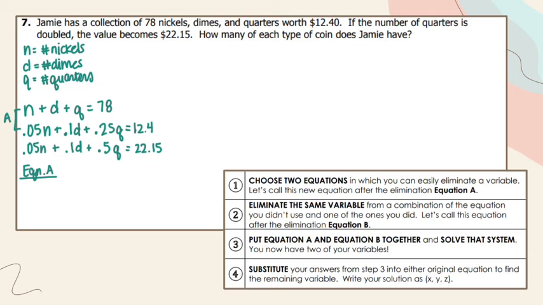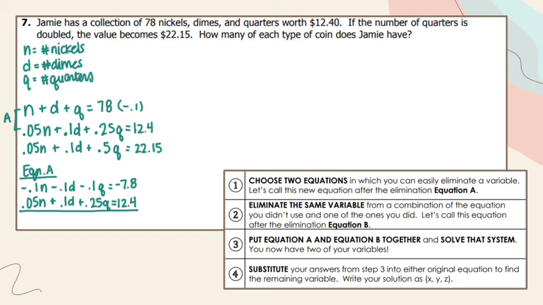So the top equation, we will multiply by negative 0.1. Negative 0.1n minus 0.1d minus 0.1q equals negative 7.8. And then our second equation stays the same. So 0.05n plus 0.1d plus 0.25q equals 12.4.